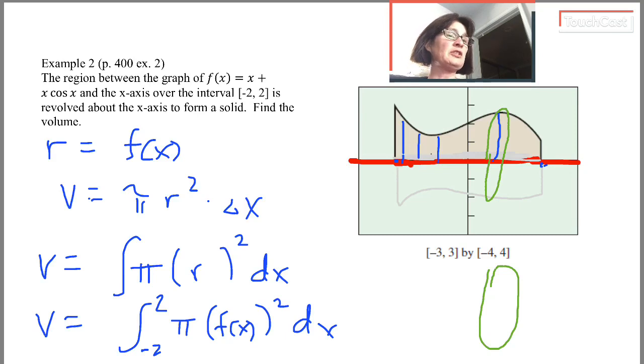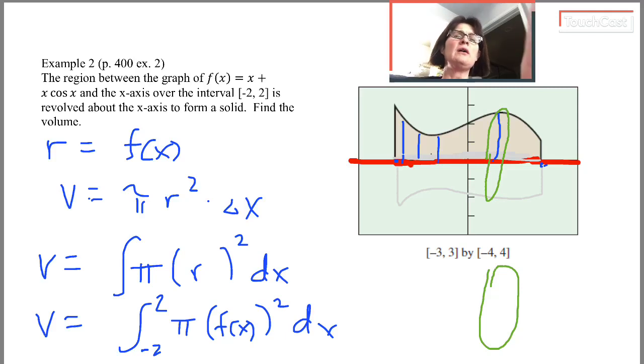On the free response section of your AP test, this probably gets 2 points. One for making an integral with the correct limits, and one for getting a correct integrand. Now, obviously, this is not something I can type into my calculator. Your calculator won't know what f of x is, but the next step would come from actually evaluating this integral.